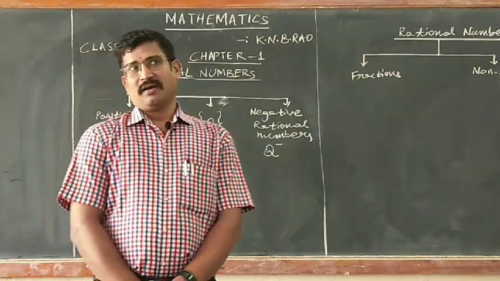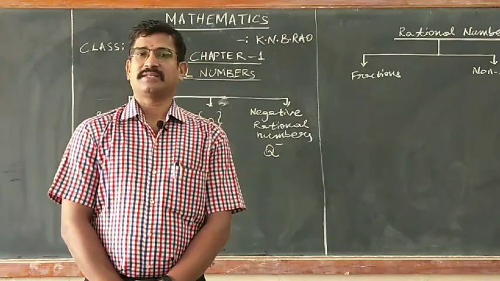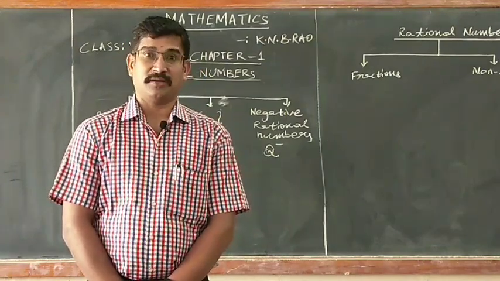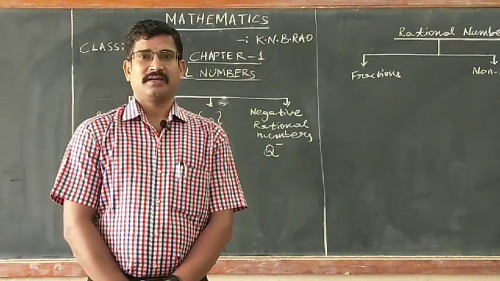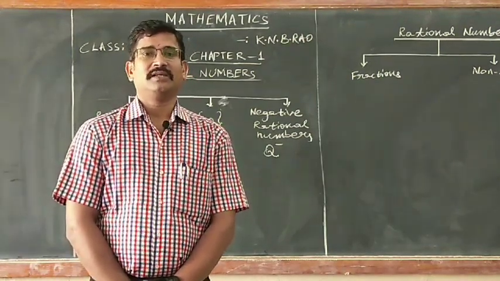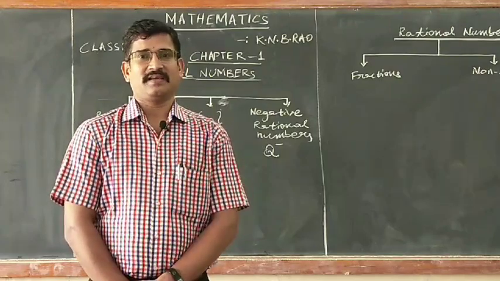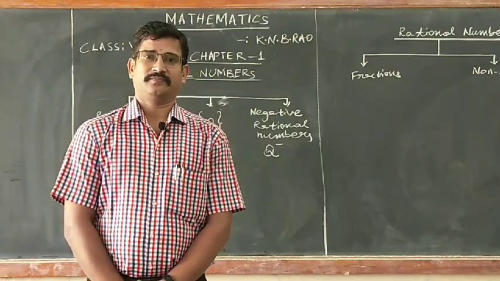Next, as a part of the properties of rational numbers, we will learn one property, that is the closure property.